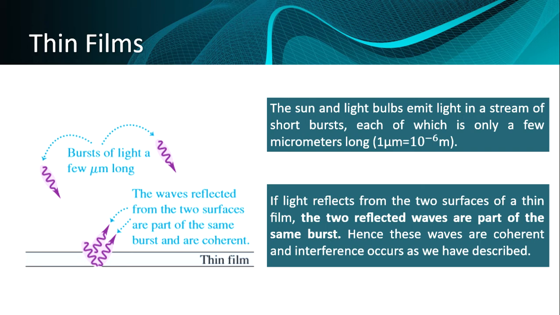Hence, these waves are coherent and interference occurs as we have described. So this light is coming from a single burst, and when it strikes a thin film, these reflected waves are still part of the same burst and are coherent.